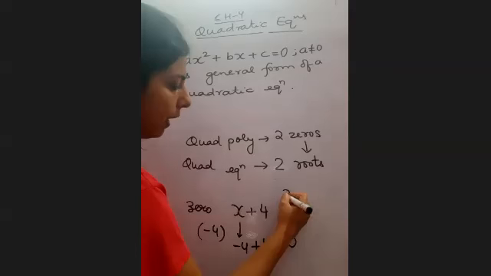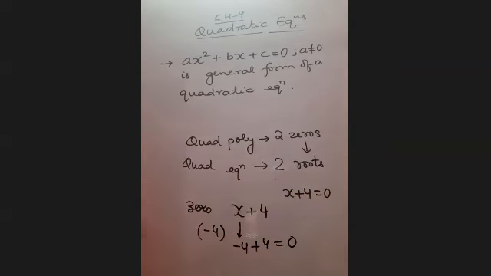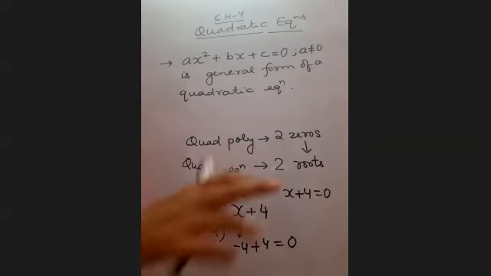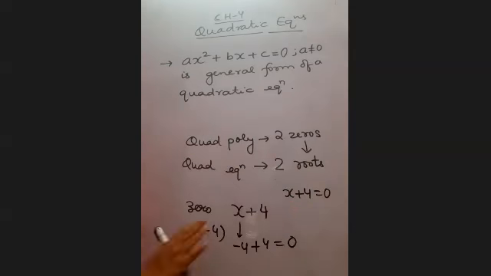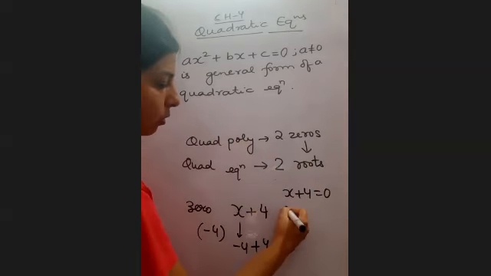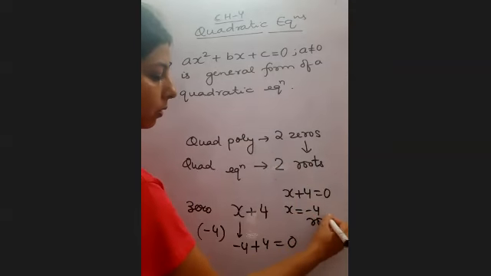But if I have an equation x plus 4 equal to 0, the expression is already equal to 0. So we do not say that x equal to minus 4 is the zero, but the root.